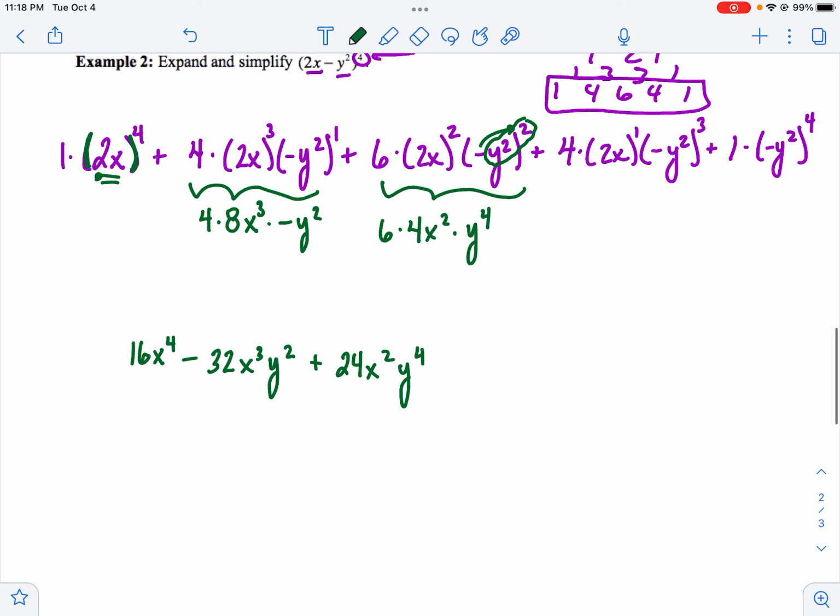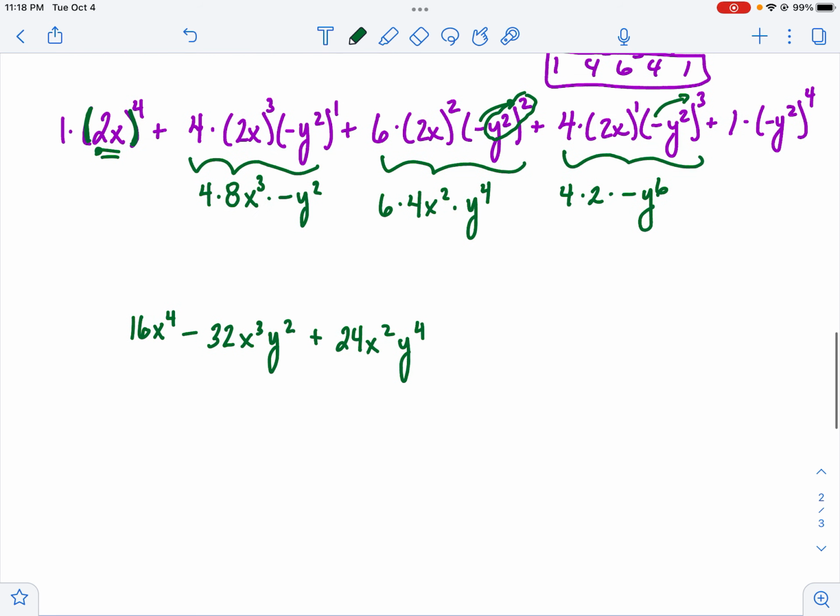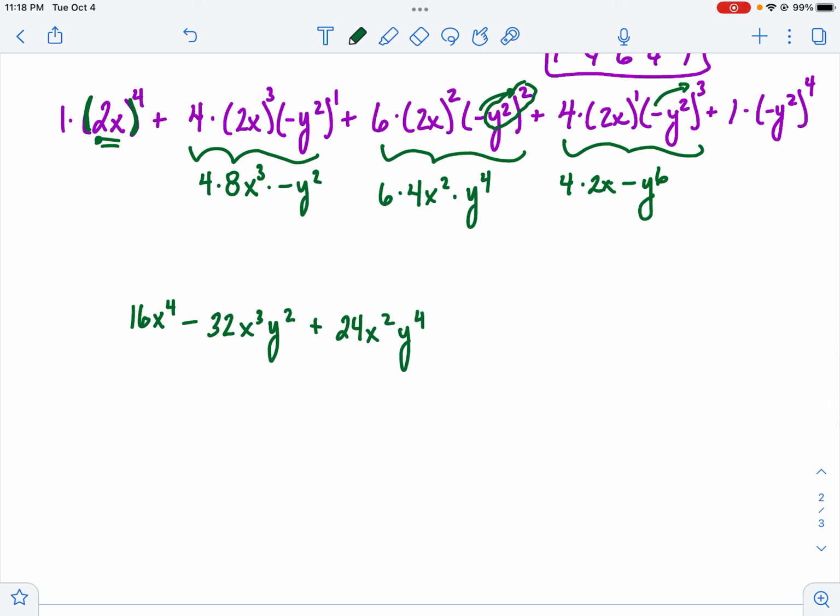Then I go on to my next one here, and I've got 4 times 2 times, okay, well now again, that negative is going to an odd power, so it's going to come out negative. And a power to a power I multiply, so this is y to the 6th. Oops, I left my x out, didn't I? There we go. Okay, so I've got 4 times 2, but it's negative, right?